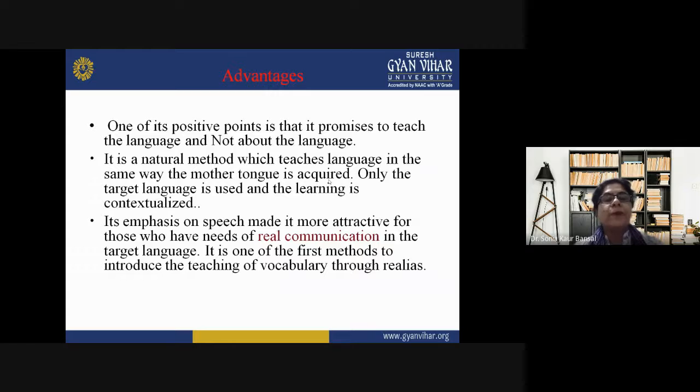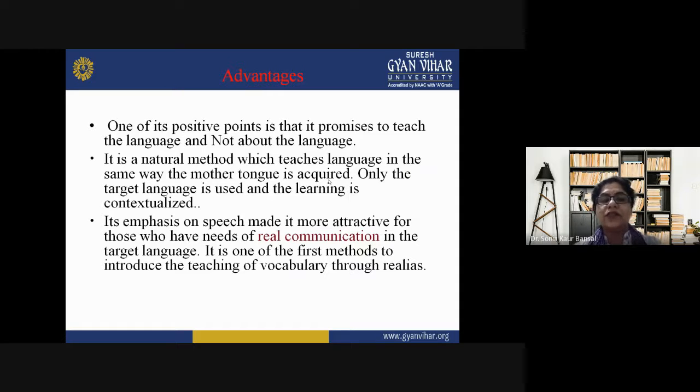Now let's see what are the advantages of the direct method. One of its positive points is that it promises to teach the language, not about the language. What are the rules? How does it work in the classroom? How an essay is written, it doesn't talk about it. But is the essay written in direct language, or are you speaking about the idea? That is more important.